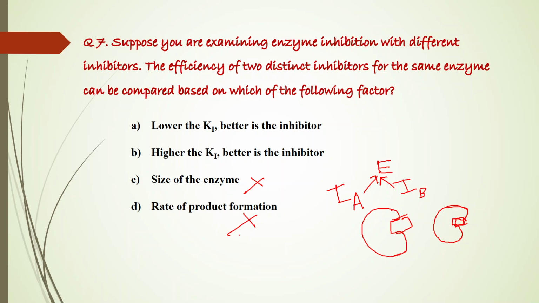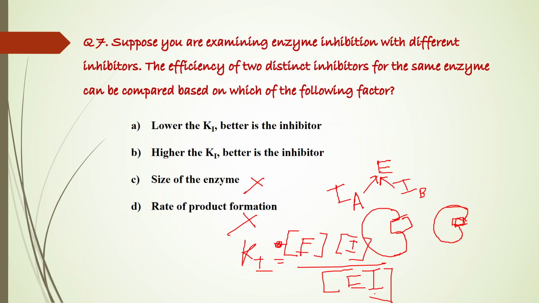Now only two options remain, that is, what should be the value for Ki. If some inhibitor is a better inhibitor, then should the Ki value be higher or lower? If you remember the equation, don't forget this, this is the expression for Ki: enzyme concentration into inhibitor concentration divided by enzyme-inhibitor concentration.